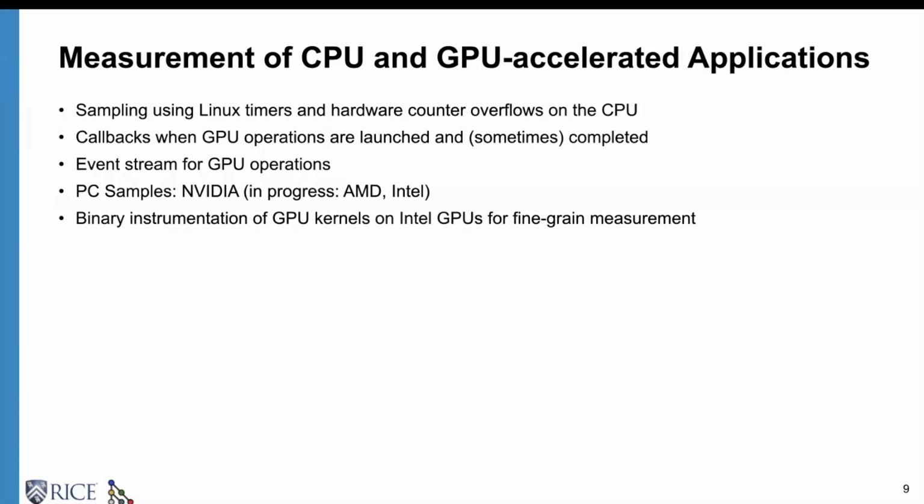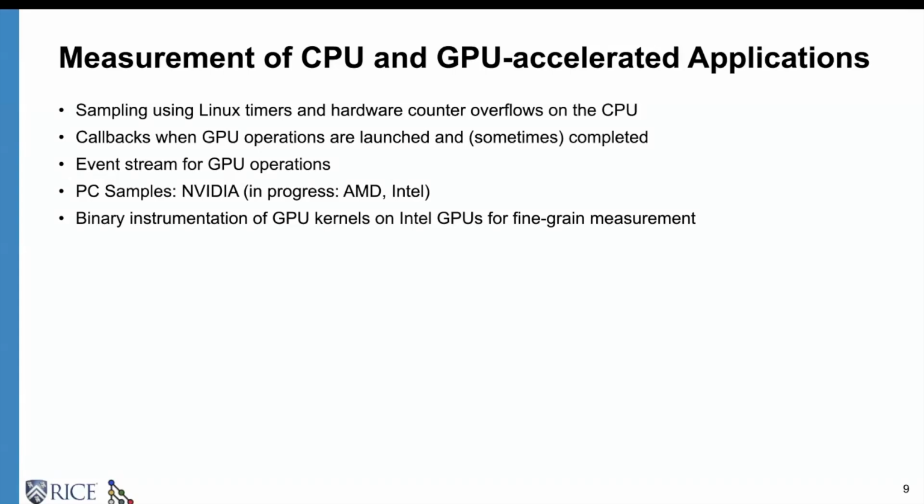And what this means is that the same way that we do sampling on the CPU, we can do sampling on the GPU as well and associate performance and cost with individual machine instructions in your kernels. And we also, as part of the Exascale Computing Project, got AMD to add support for instruction level performance monitoring to their GPU hardware. That's first available in the MI300 series.